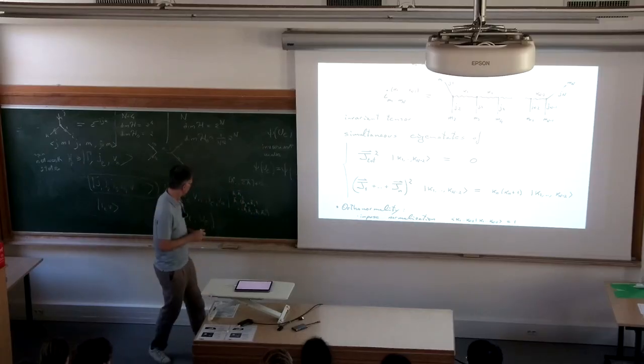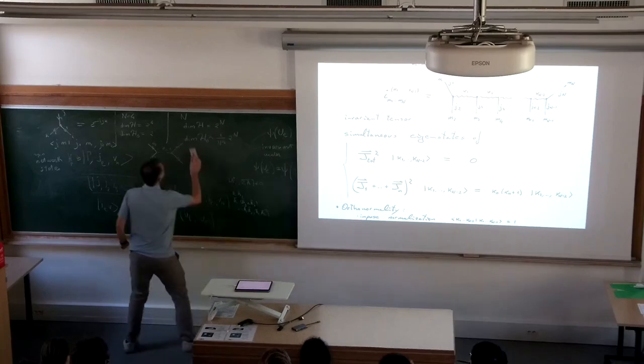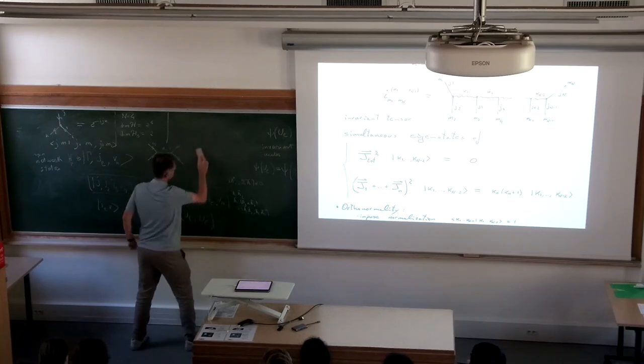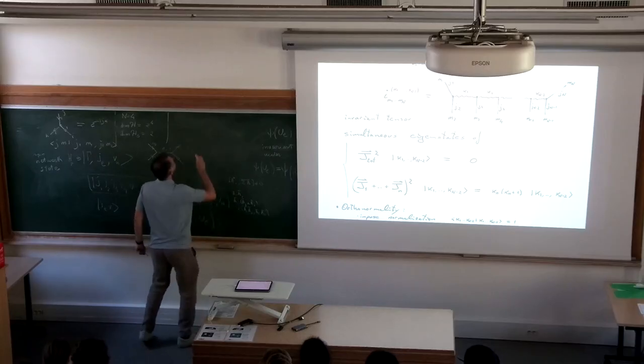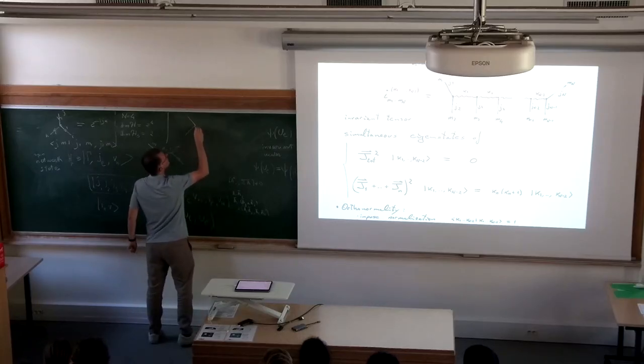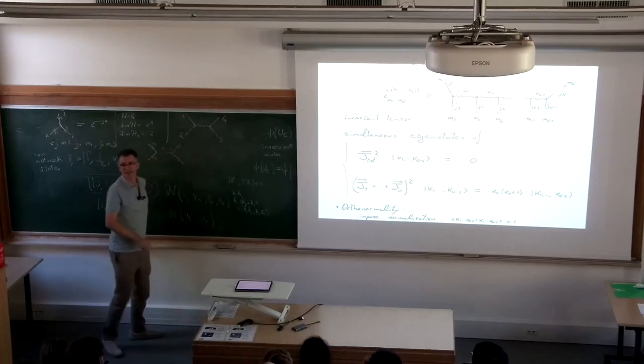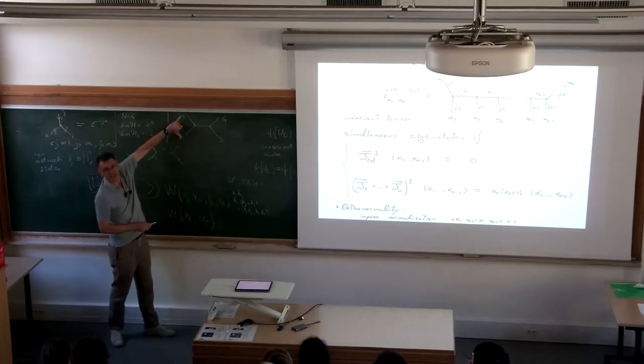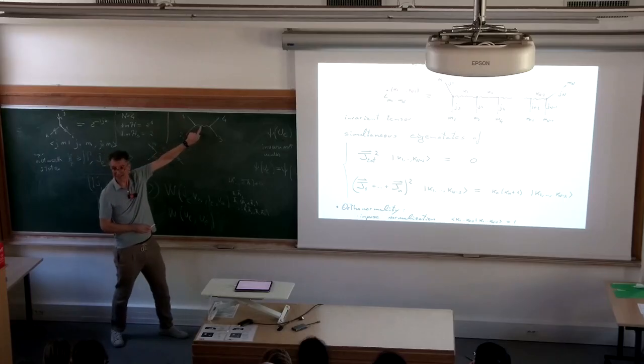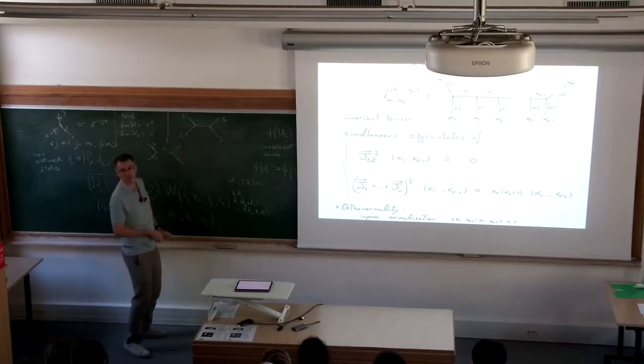Let's do it just for 4. So I can do 1, 2, 3, 4. This is like saying, suppose that I measure the angle between these two, then this one is an eigenstate of that operator. But then I could also do something else.